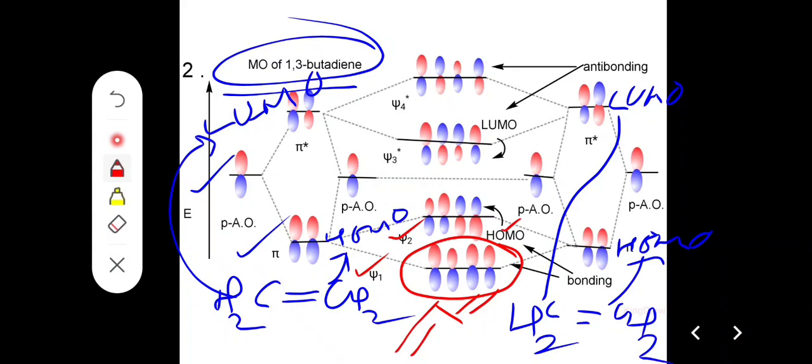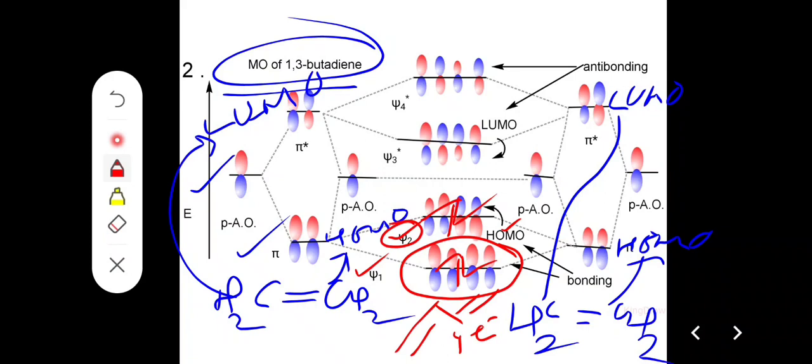If we consider 4 electrons for butadiene, there should be 2 electrons in Psi1 and 2 electrons in Psi2. After this, no electron occupations are there. So Psi2 is the highest electron-occupied molecular orbital.